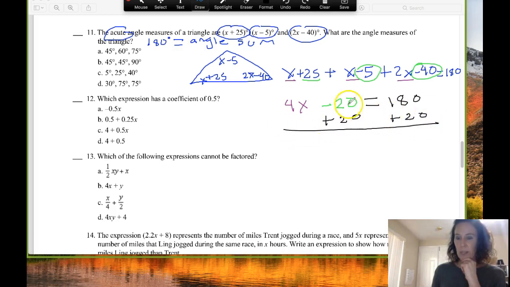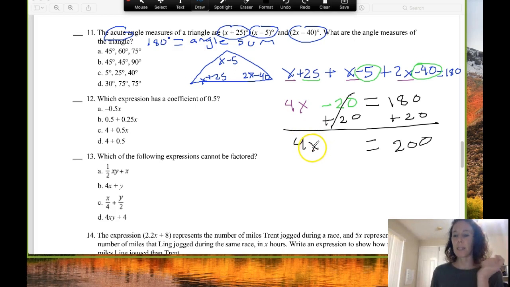When you add to both sides, that eliminates this. Negative 20 plus 20 eliminates to 0. Then I bring down my 4x and my equal sign. And 180 plus 20 is 200. Now my goal is to isolate my x. I have 4 times x. The opposite operation of multiply is divide. So if I divide this side by 4, I divide this side by 4.